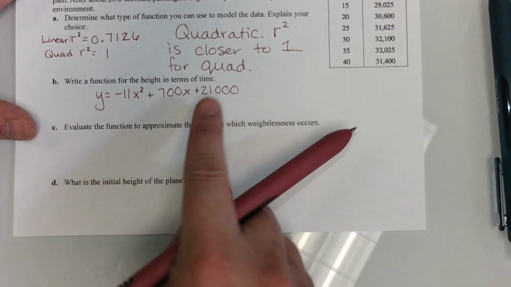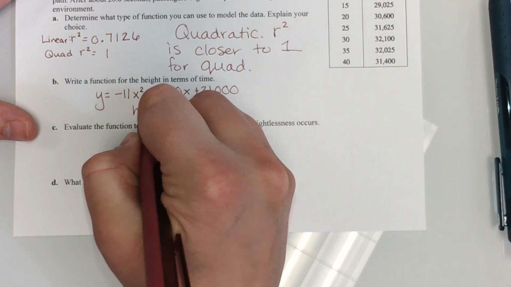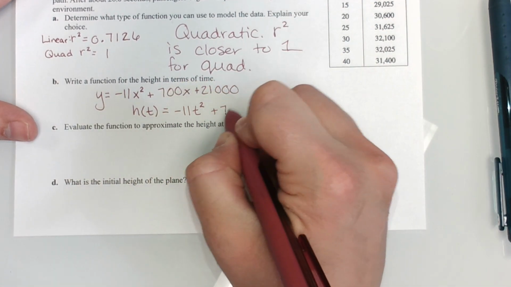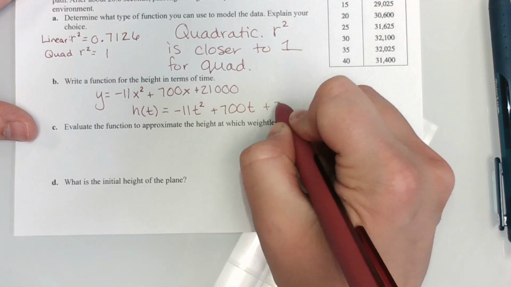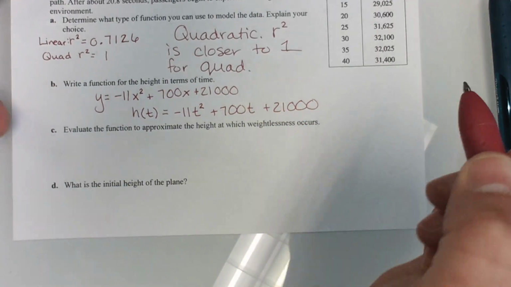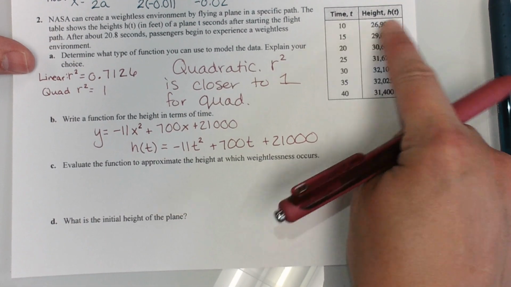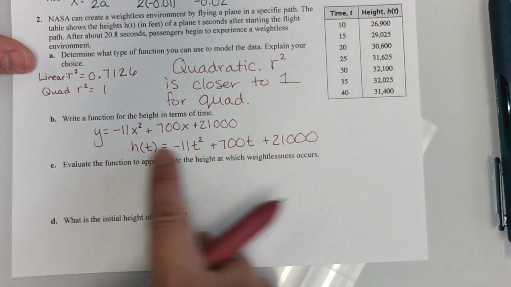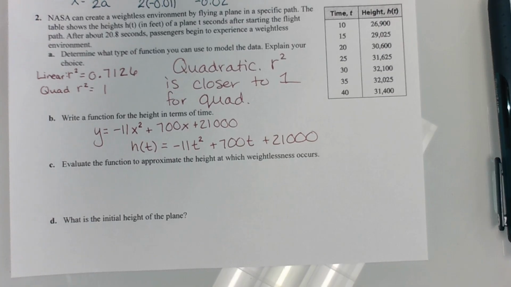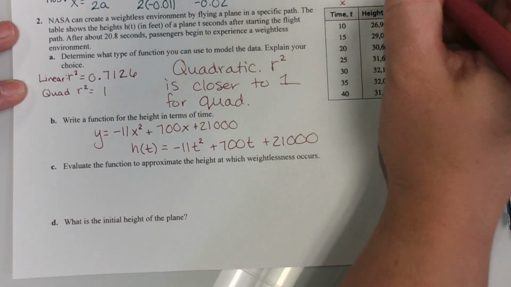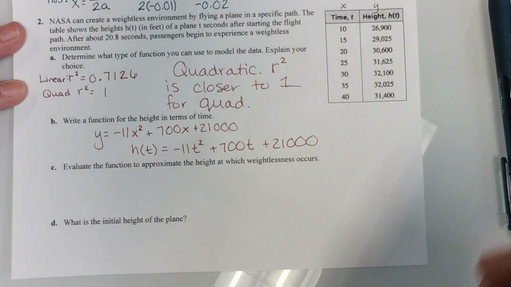So in all actuality, this should say h of t is equal to negative 11t squared plus 700t plus 21,000. That being said, I don't care if you write down x's and y's. But it uses t and h of t, so that's technically what it should be. Just know the first letter corresponds with the x's, the first column. The second one corresponds with the y's.